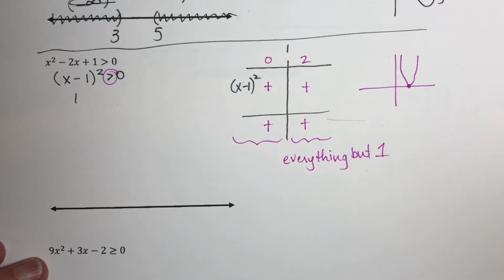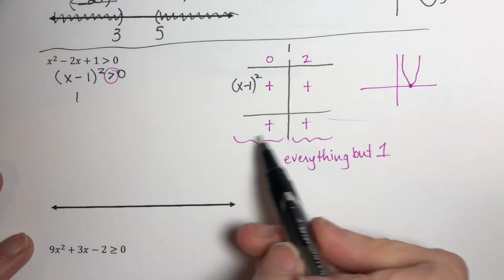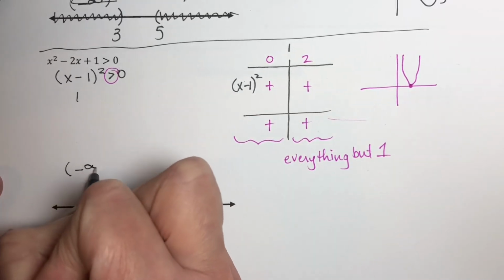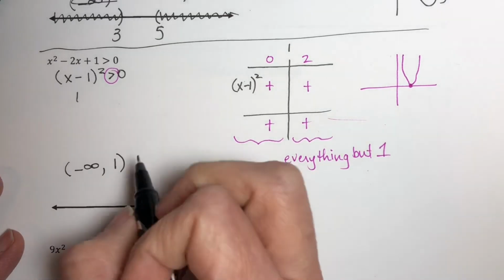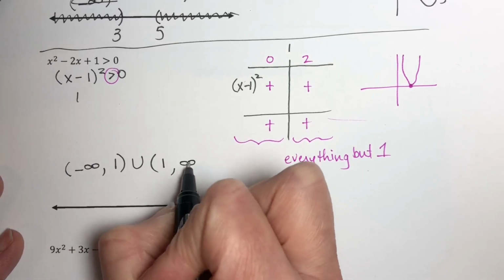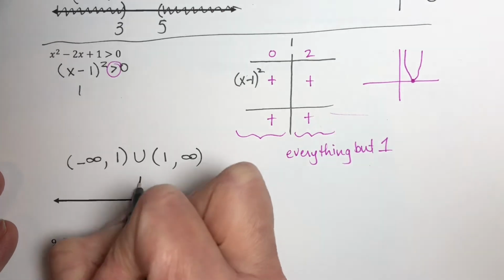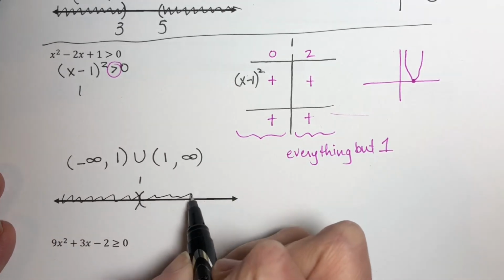It is positive everywhere but 1. And that means we're going to have to describe each of these individually. This is going to be from negative infinity to 1, parentheses, not including 1, union, don't include 1, to infinity. And your graph would look like this, where that's a 1 and it switches in both directions, and it's just shaded everything else.